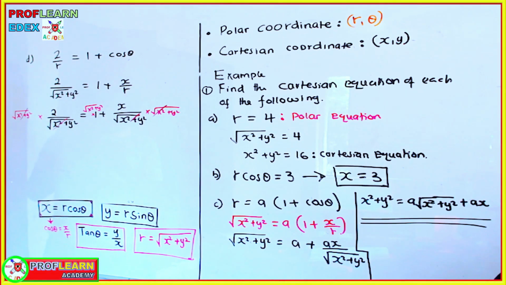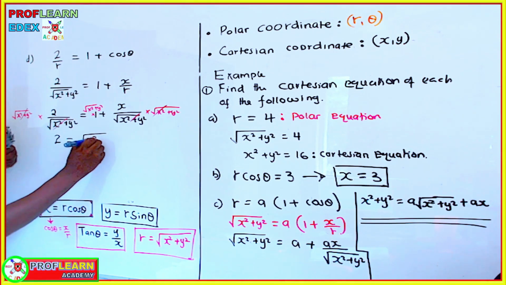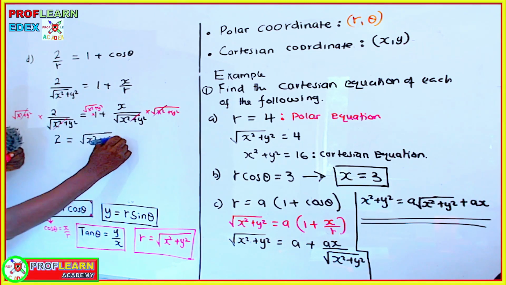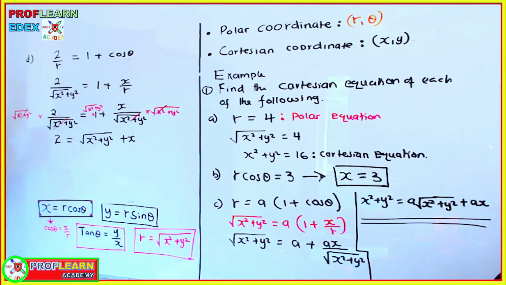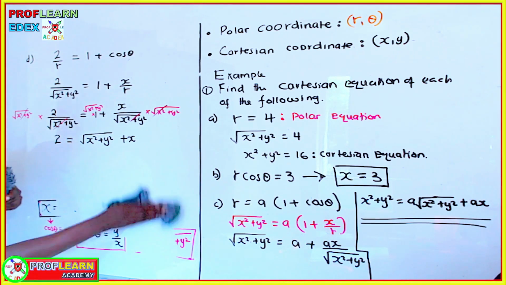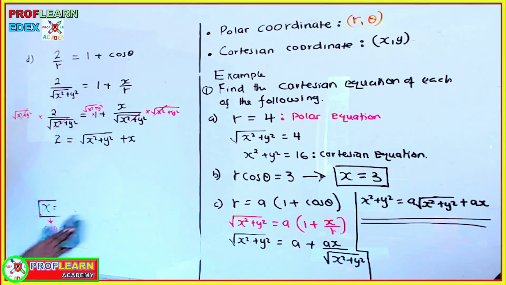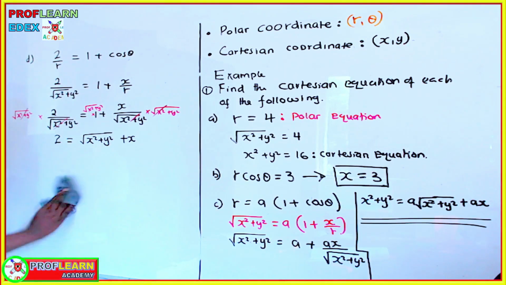So I'm going to remain with 2 equivalent to root x squared plus y squared plus x. I can rearrange these equations so that I can expand and have a cleaner equation.